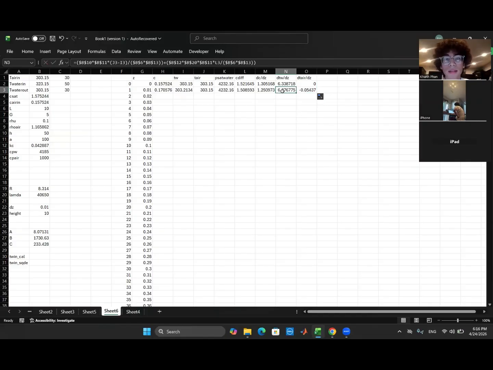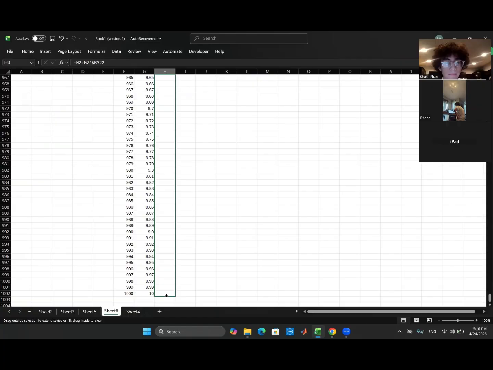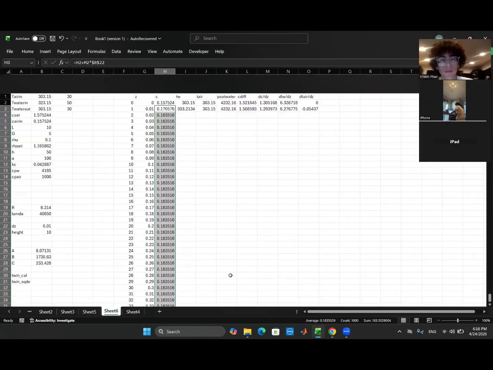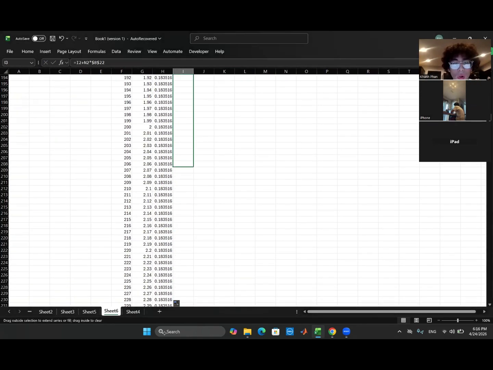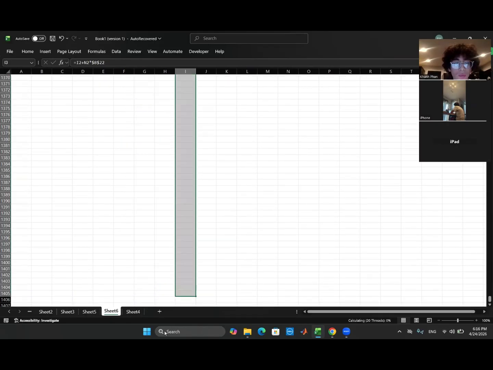All right. So now that we drag all these down, let me just double check real quick to make sure nothing's wrong. And then I'm just gonna drag each of these columns down. Yeah, over here. Oops.